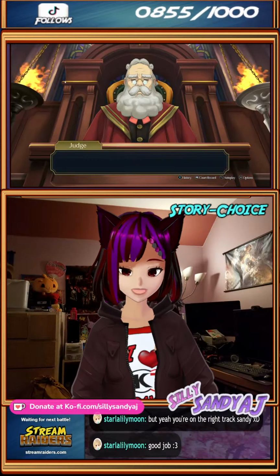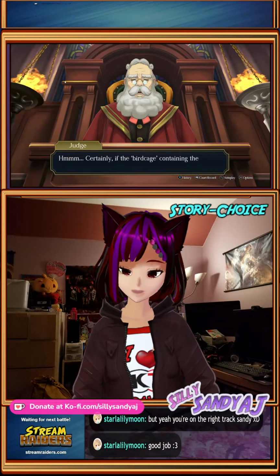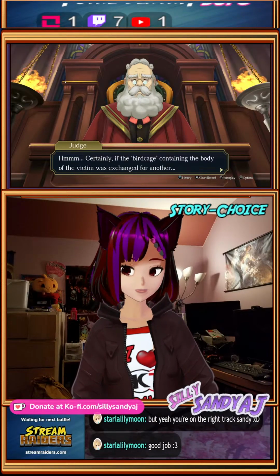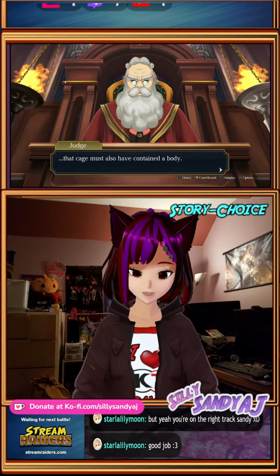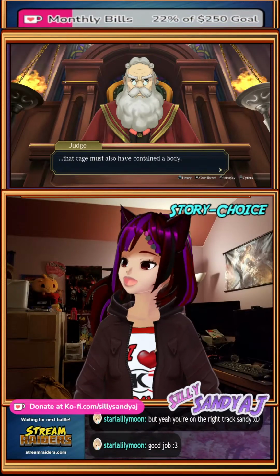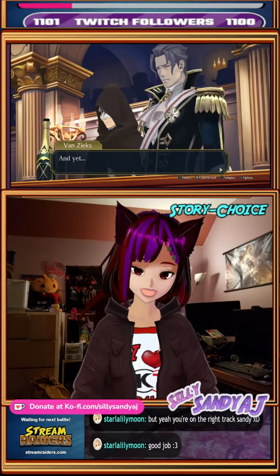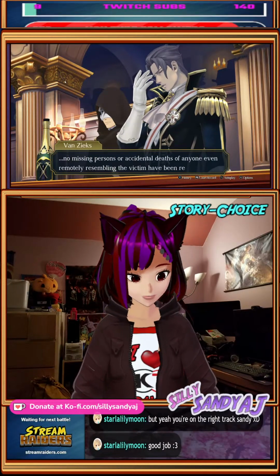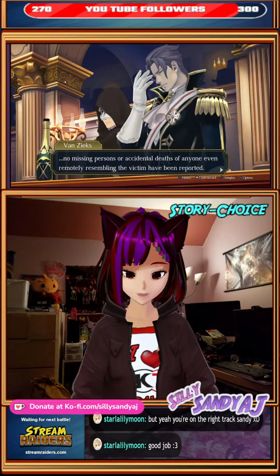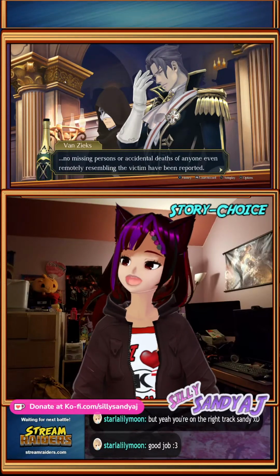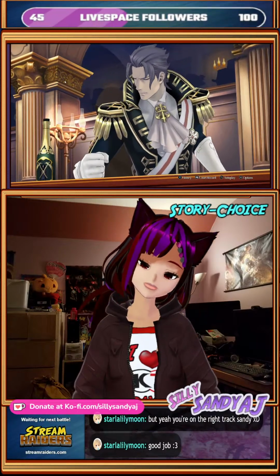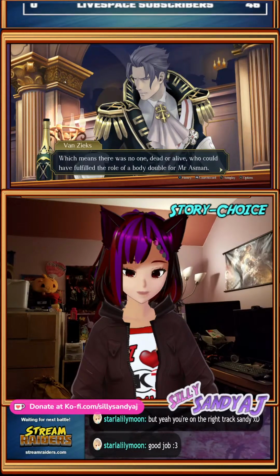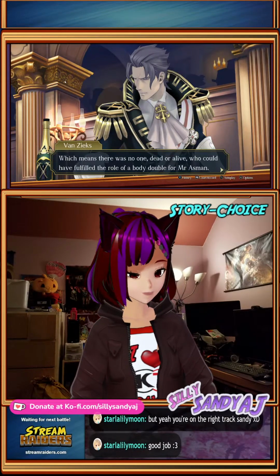Certainly the birdcage containing the body of the victim was exchanged for another. That cage must also have contained a body. And yet, no missing persons or accidental deaths of anyone, even remotely resembling the victim, have been reported. Which means there was no one, dead or alive, who could fulfill the role of a body double for Mr. Asmund.